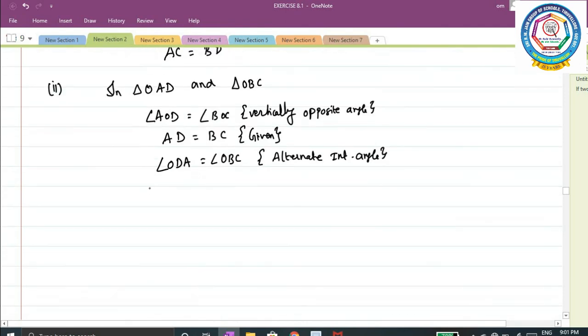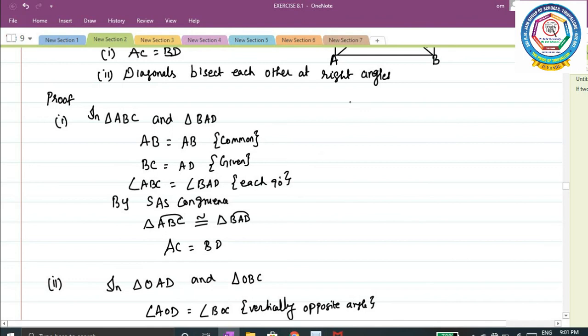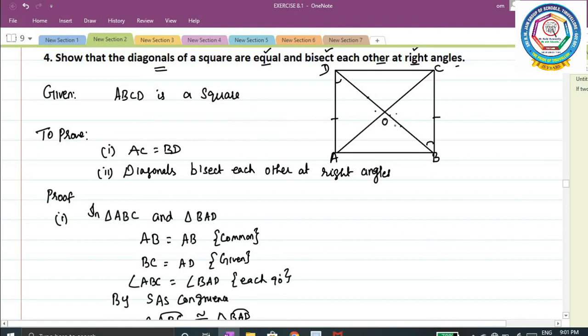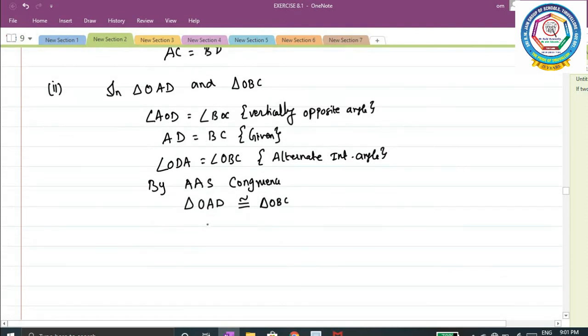Angle side angle, AAS congruence. Therefore triangle OAD is congruent to triangle OBC. So now I am going to take the CPCT here. OA equal to OC and OD is equal to OB by CPCT.